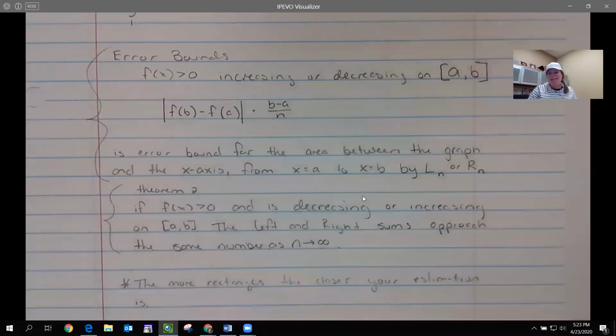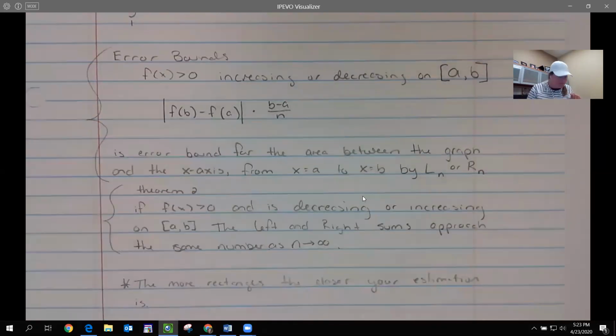So basically, as I create more and more rectangles, n represents the number of rectangles, it'll be in the same space, but I'm going to get closer to the same number, which we've already said. But it is said in a theorem. The more rectangles, the better you are. Okay.